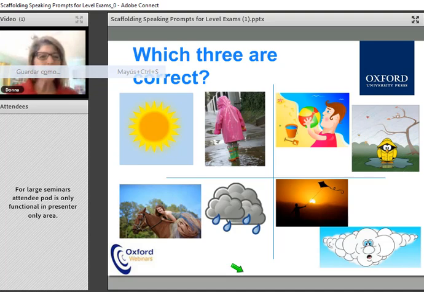So what I'm assuming your students are going to do, okay, Jose, you're saying the only correct one seems the kite and the wind. What does everyone else think about that? The person flying the kite and it's windy, he says it's the only correct one. But I said, which 3 are correct? So what's going on? Okay, Victoria.